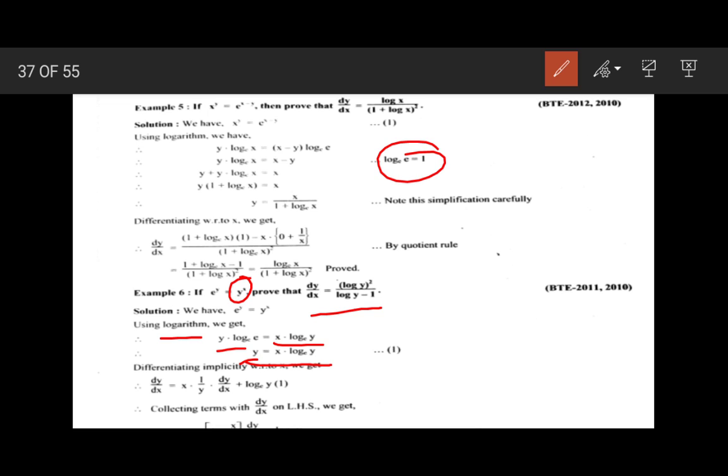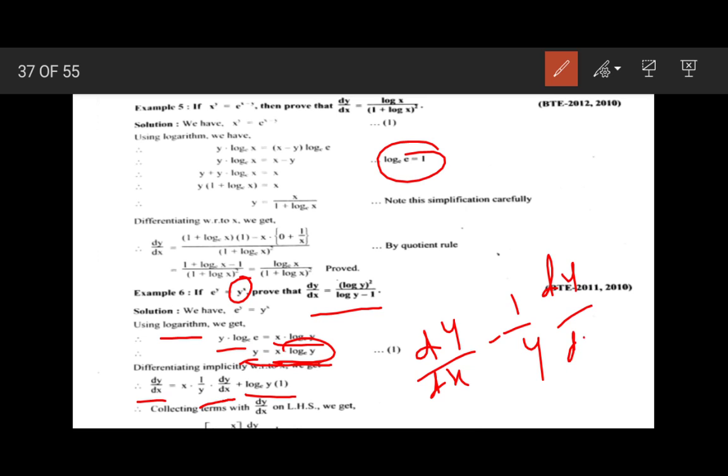Now we will differentiate this function. So derivative of y will be dy upon dx, that is equal to, by the u into v rule, x into derivative of log y, which is 1 upon y dy upon dx, plus log y into derivative of x, but derivative of x is 1. Now collecting the dy upon dx terms on the left hand side, we get dy upon dx minus x upon y dy upon dx is equal to log y.